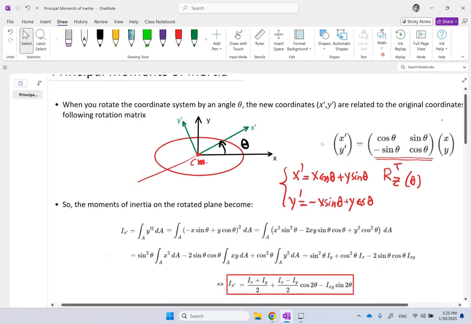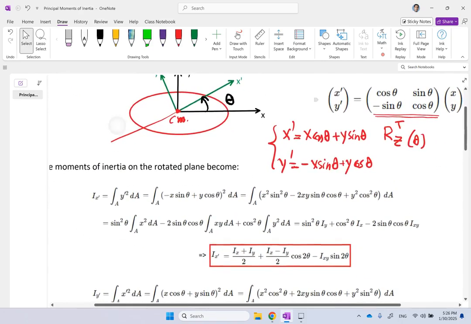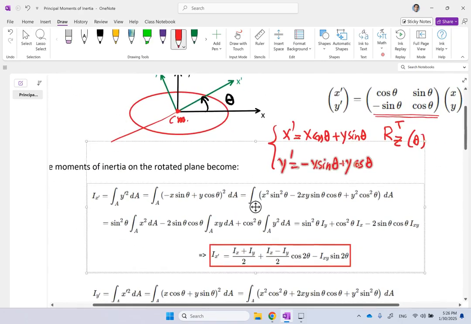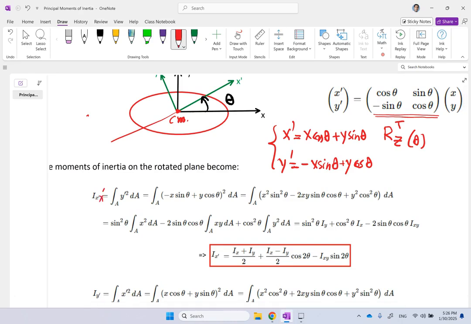Using that, now I can calculate my new moments. I_x prime, which you might just show with a single x prime, what is this? Well, this is the integral of y prime squared dA. For y prime, I replace this formula, square it, and expand this. This is (a plus b) squared, so you're going to get a squared plus 2ab plus b squared.